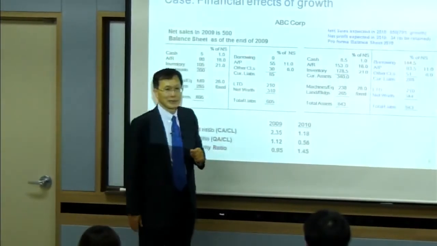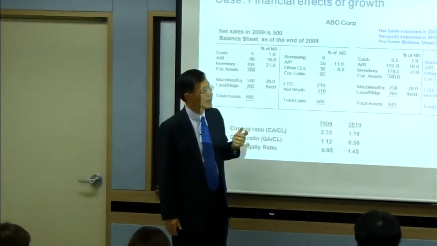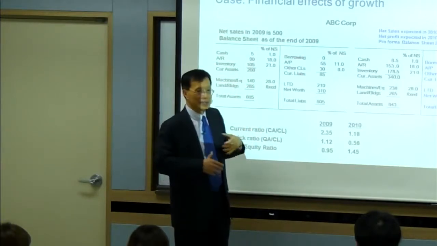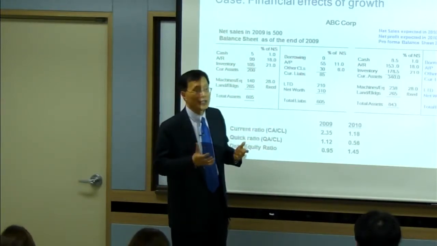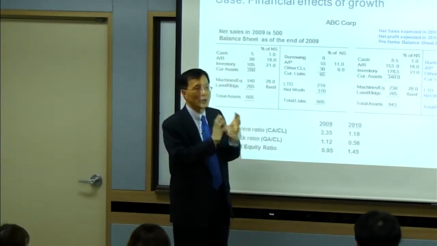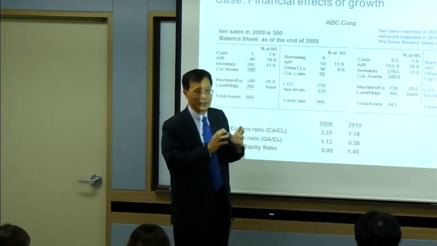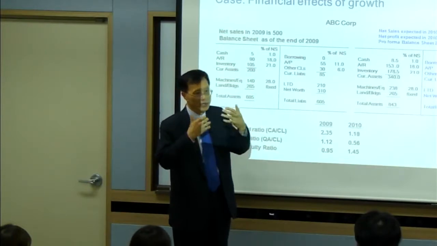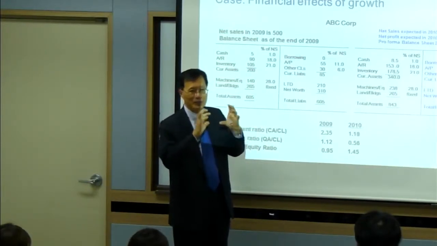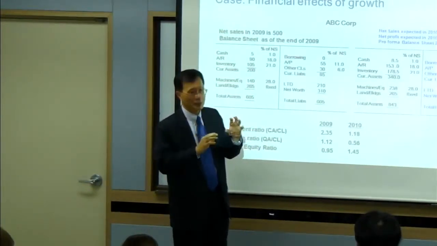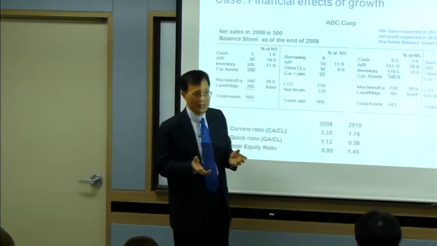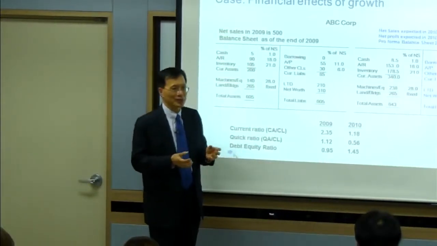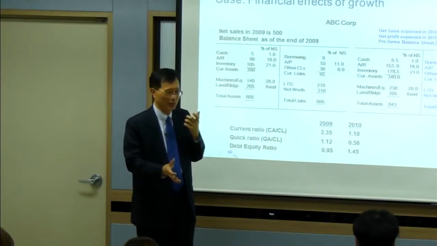Long-term debt is 210, and the company has decided to maintain long-term debt as is. In other words, the company doesn't want to increase long-term debt or decrease long-term debt. Long-term debt stays there. The company does not want to issue new debt. The company doesn't want to pay back long-term debt either.